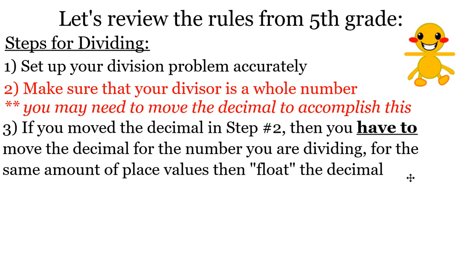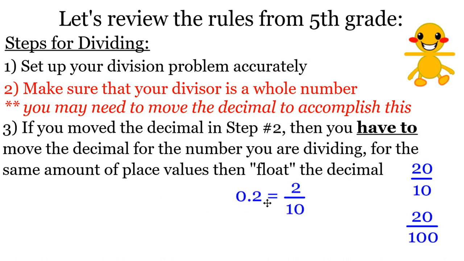So what you're going to do is this, let me look here. Let's say we have this 2/10 that we're just talking about right now. Now, if I didn't change it, if I just moved the decimal and called it 20, let's say, which of these is 2/10 equal to? Is 2/10 equal to 20/10 or 20/100? Hopefully you all recognize that these are the same values, right? And you can see that when a 0 is added in the numerator, a 0 has to be added in the denominator.